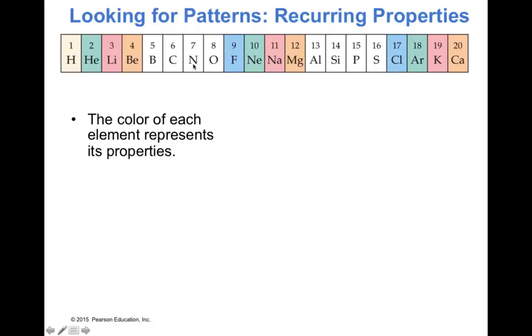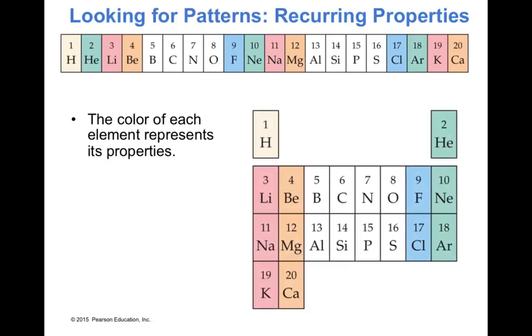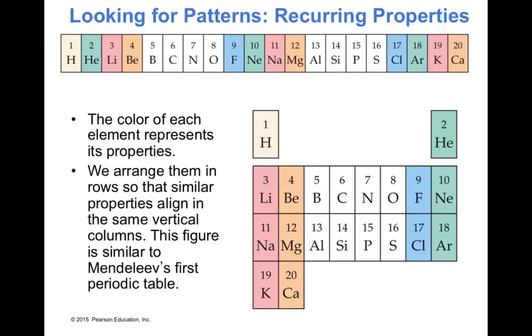Now, we can observe that, for example, the green one repeats here, the pinkish one here, the orange also here. So you can see that there's a pattern in when the property is repeated. He arranged the list in a way that all the elements that have the same properties were in the same group. So now we have all the pinkish here, the green, the orange here, the blue here, the green here, the white here in the middle. This figure is similar to Mendeleev's first periodic table.